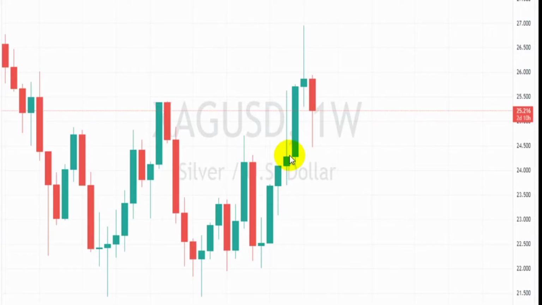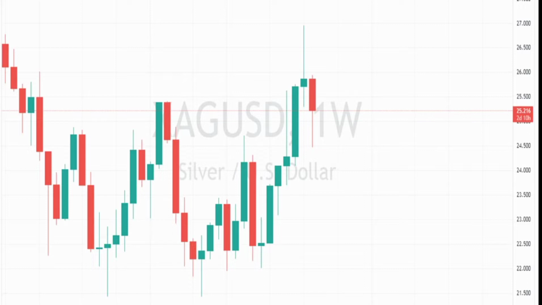Now I decided to take a look at silver against the US dollar. I'm going to look at price action from yesterday, being Thursday if I'm not mistaken.